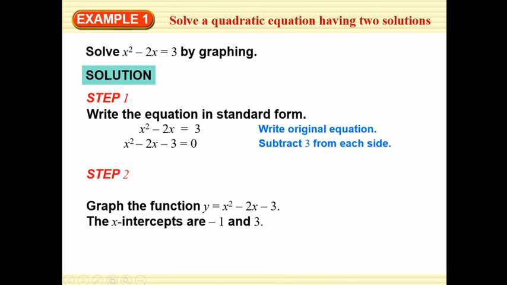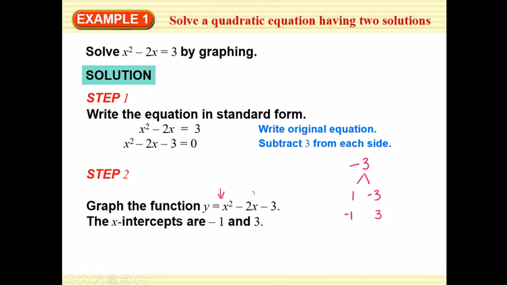So I find that the x-intercepts are -1 and 3. And one way I can do that is I realize, alright, a equals 1, so that makes it really easy to factor. So what are the factors of -3? That'd be a 1 times a -3 or a -1 times a 3.